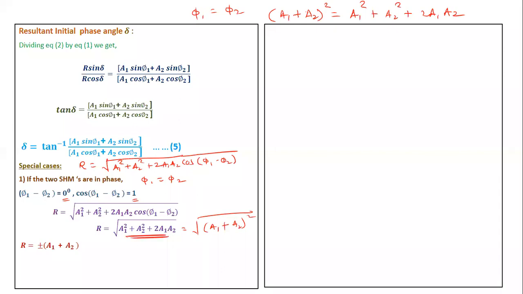So root of a1 plus a2 bracket square means it is equal to a1 plus a2. So the resultant amplitude we get is a1 plus a2 if the two SHM have the same phase, or we can say that they are in phase.